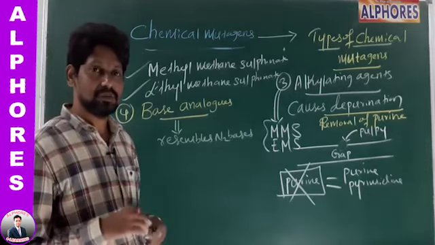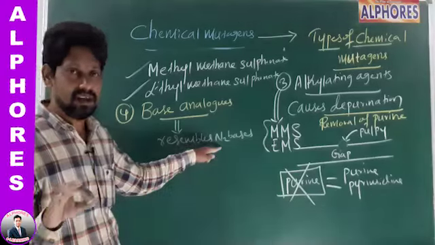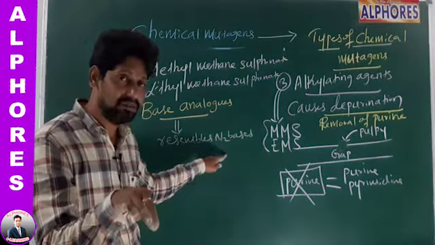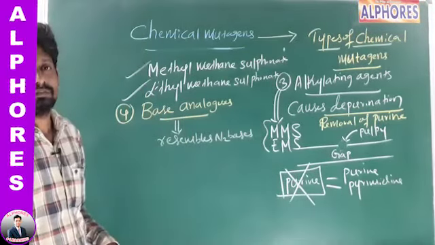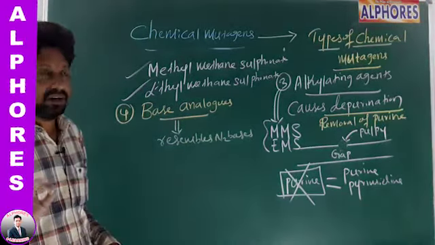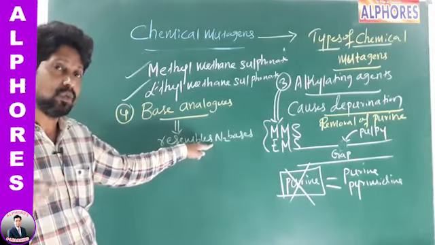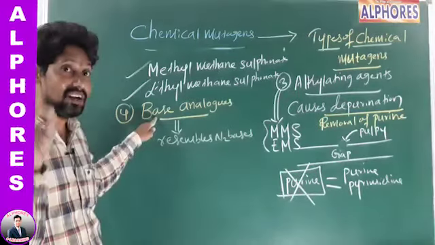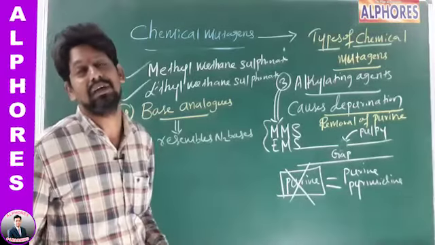But what is the difference? A normal nitrogen base pairs with a particular base, but a base analog won't pair with that nitrogen base. Is this statement okay?